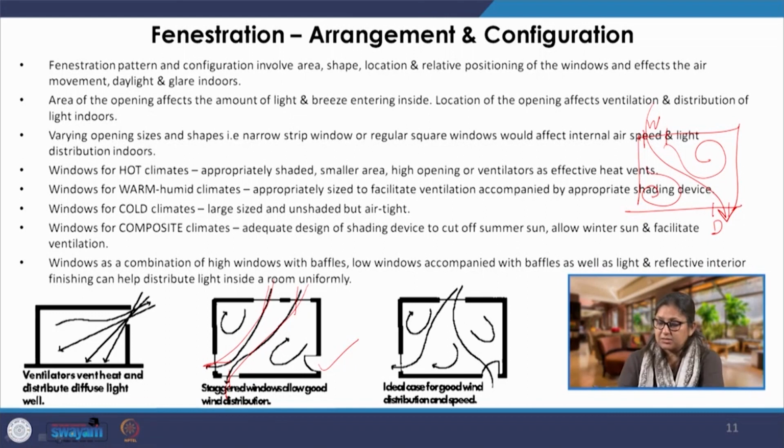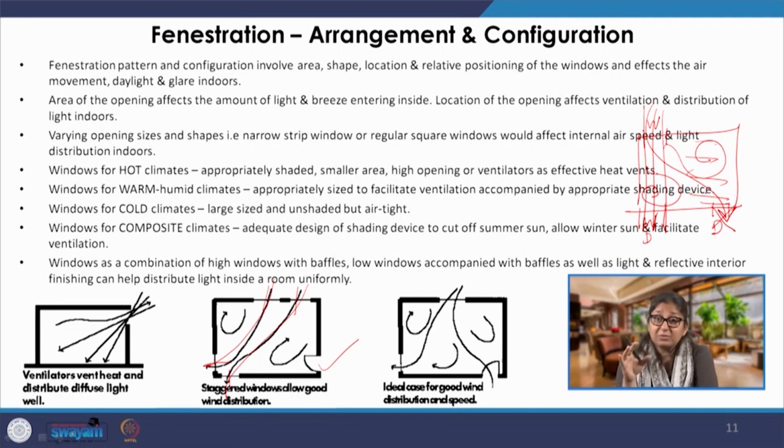In case there are windows or a window and door on opposite sides, there will be cross ventilation only in this part of the room, and this part of the room will be devoid of any natural ventilation.